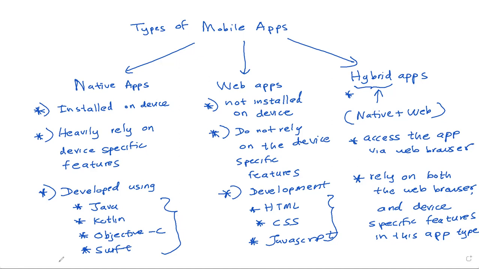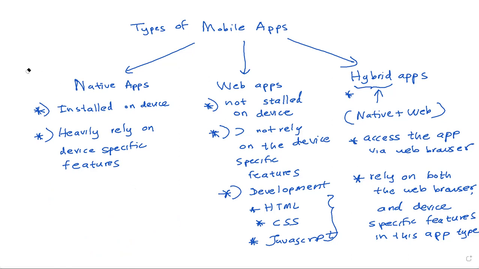So what are the apps that we can give as examples for all these types of apps? When we consider native apps, there are many examples. One of the examples is the camera app, which works with the help of the device specific features.